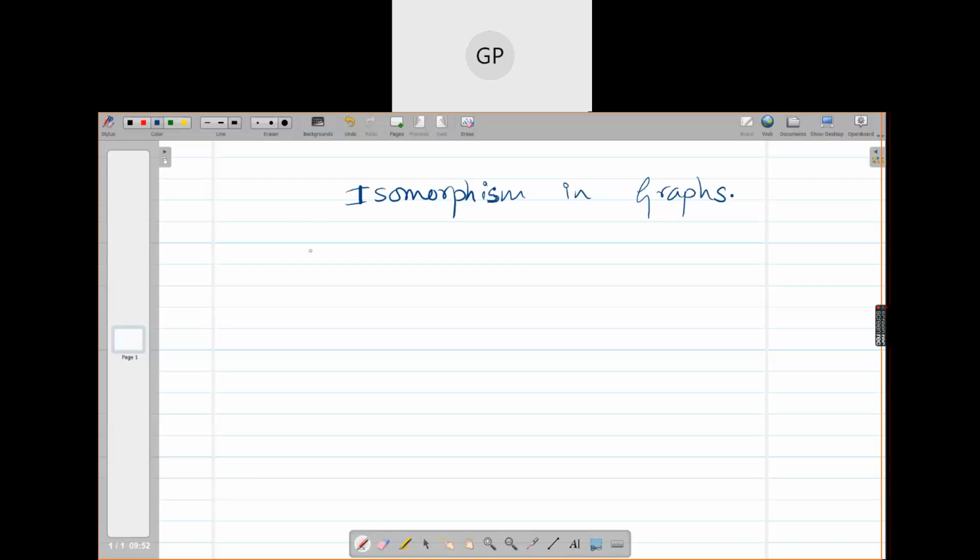So you consider 2 graphs. See the way I'm drawing them. This is one graph, G1.